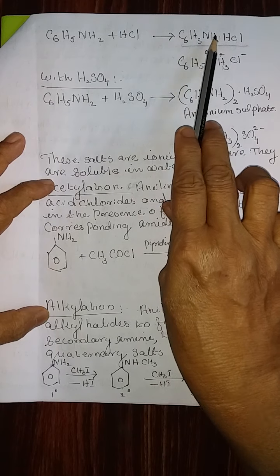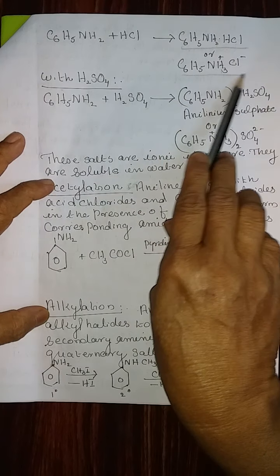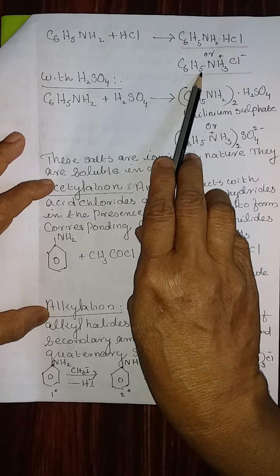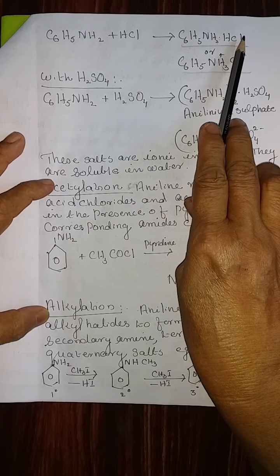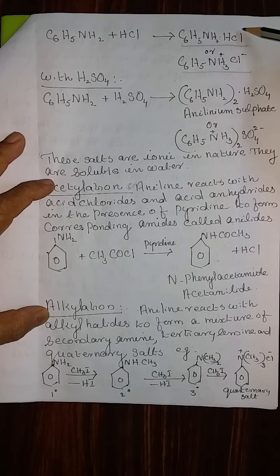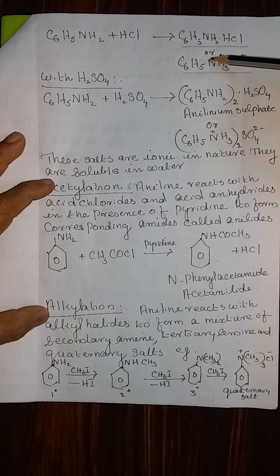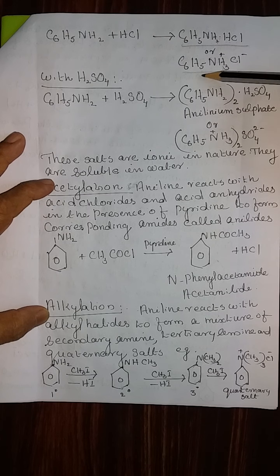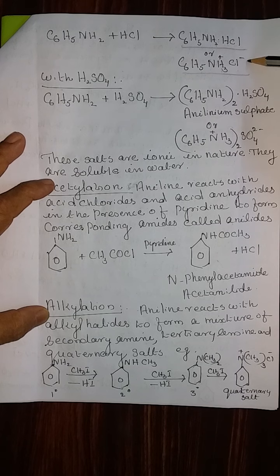This can be rearranged and written like this also, which is correct. C6H5 HCl ionizes as H plus and Cl minus. That H will be added along with NH2. That is, a bond is formed with the lone pair of the nitrogen and forms C6H5NH3 plus and Cl minus.